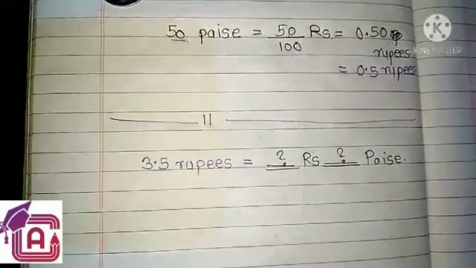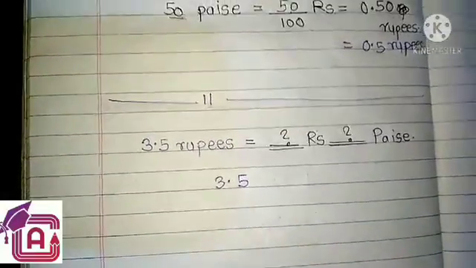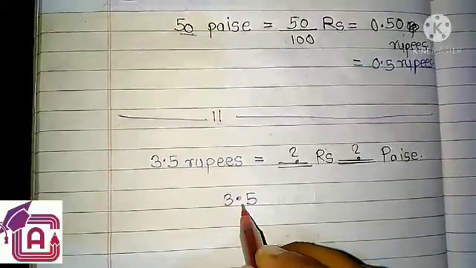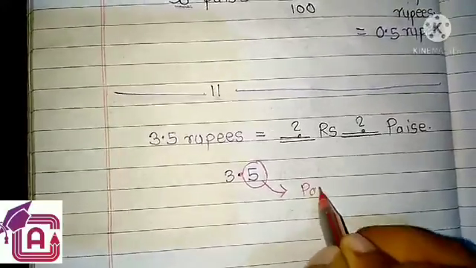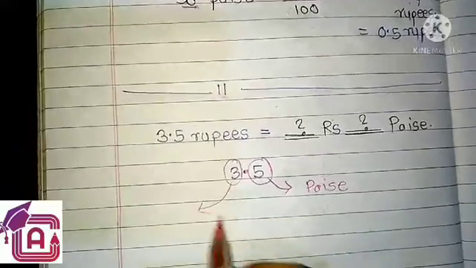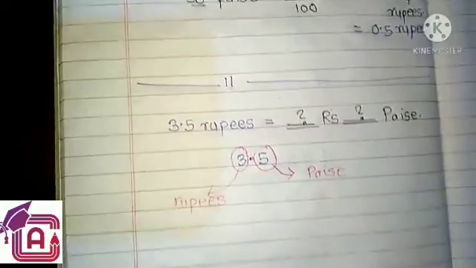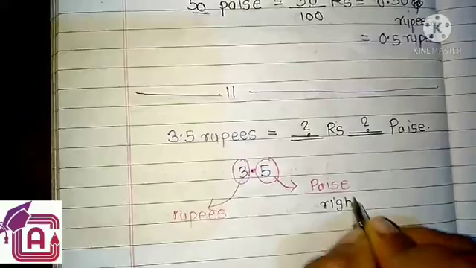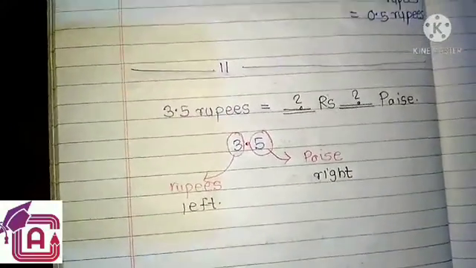So look at the amount, 3.5. In this, the value on the right side of the decimal point is in paise, and the value on the left side is in rupees.